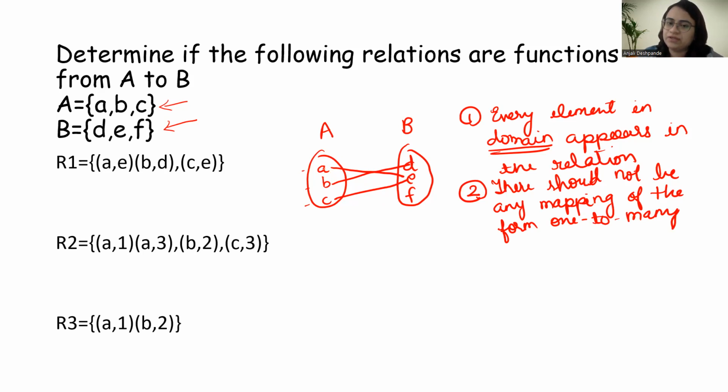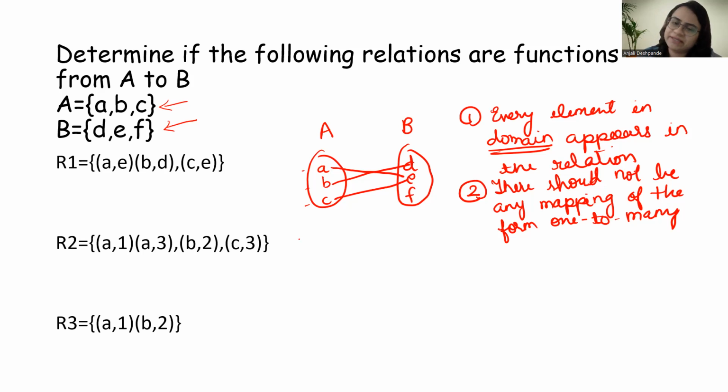Yes, because every element in the domain is related to a unique element in the codomain. It is not one to many. So a is related to e, b is related to d, c is related to e.